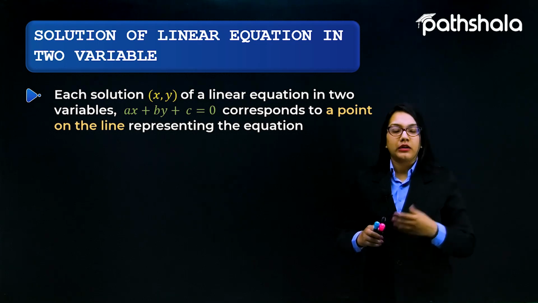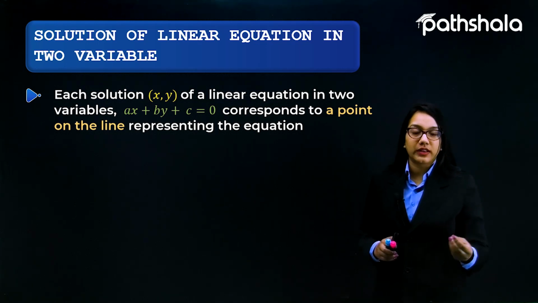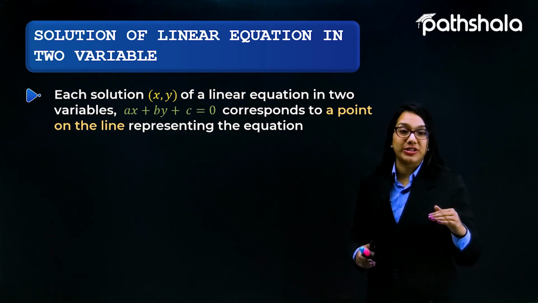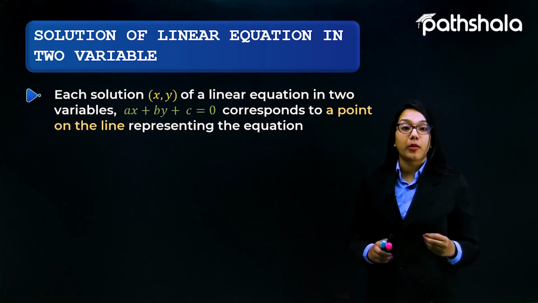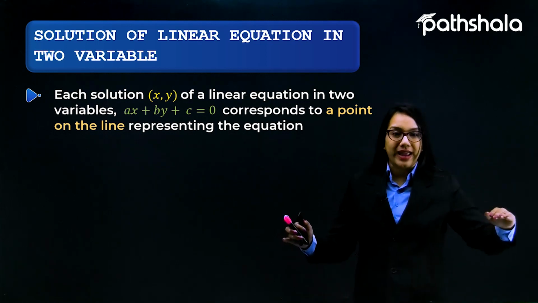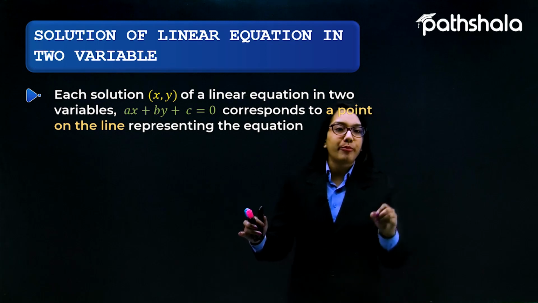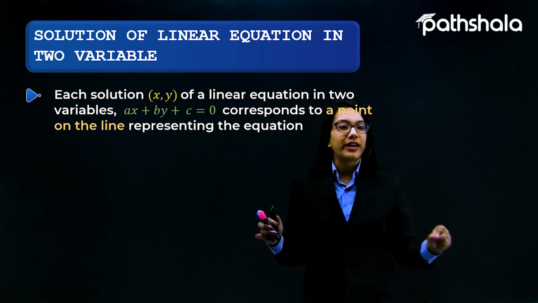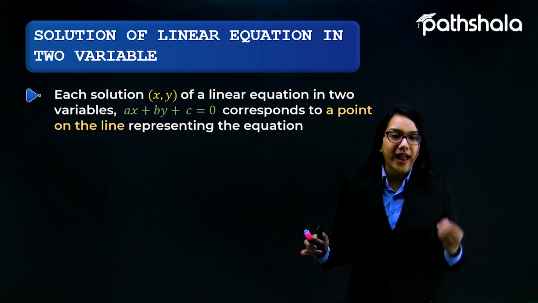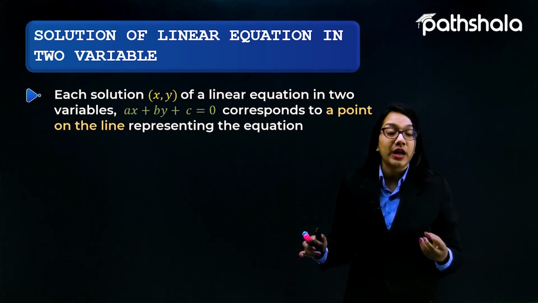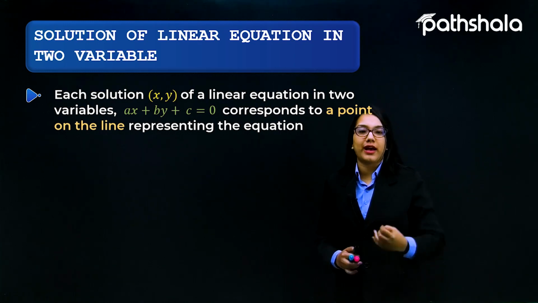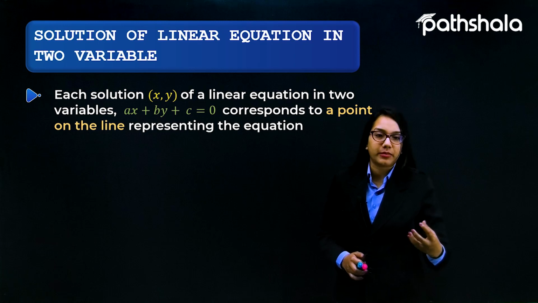If we are talking about the graph of a linear equation, it always comes out to be a straight line, and each and every point on the line represents an x comma y type of solution, which is called a solution or a root of that particular line.